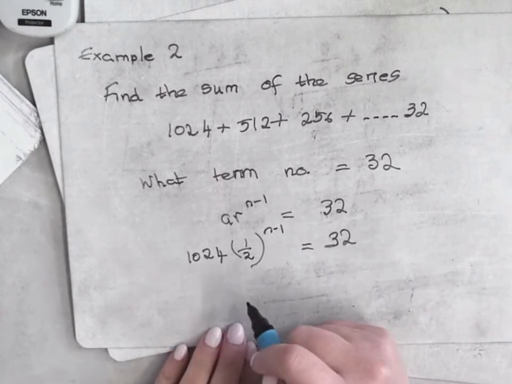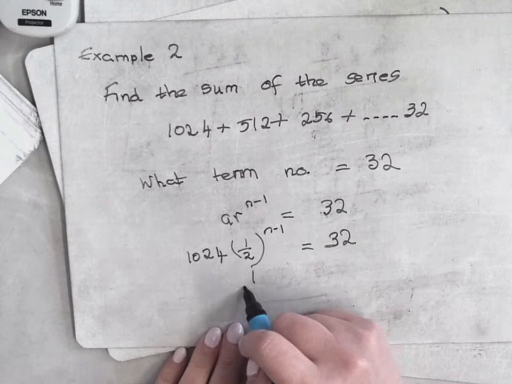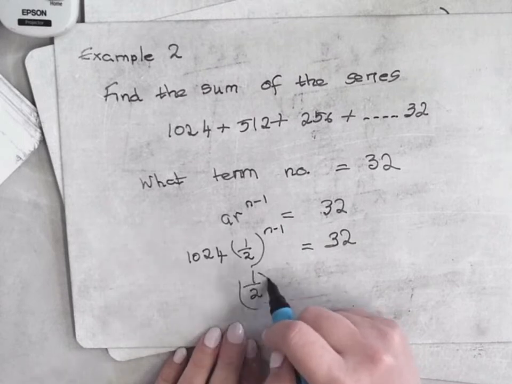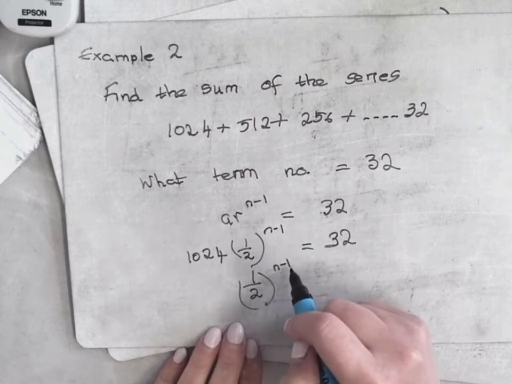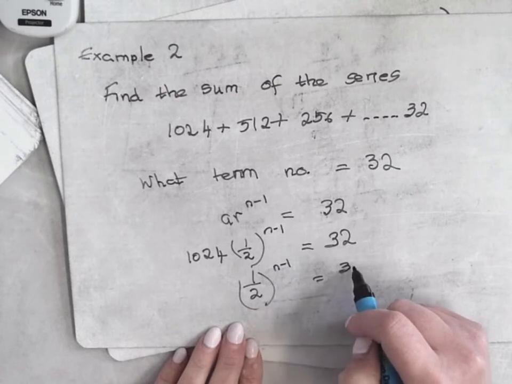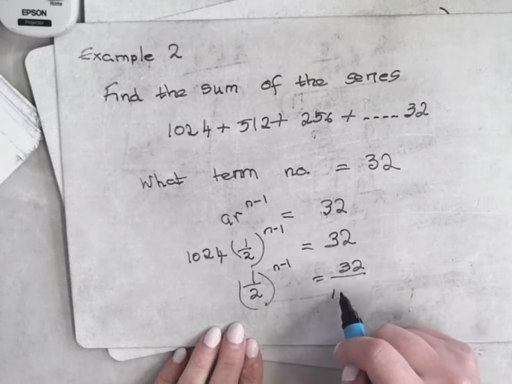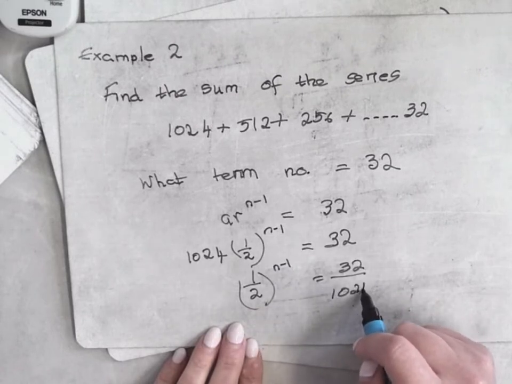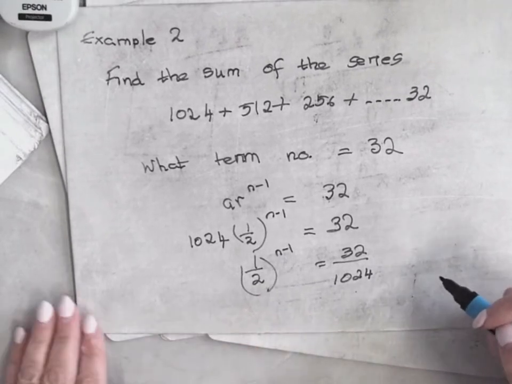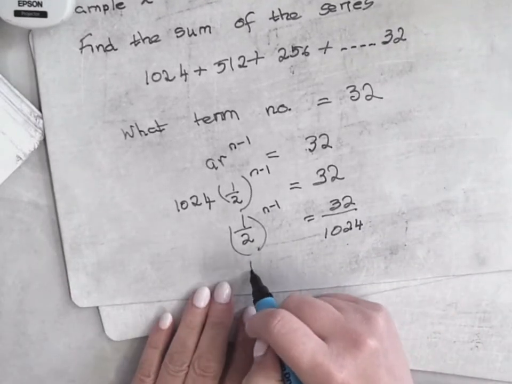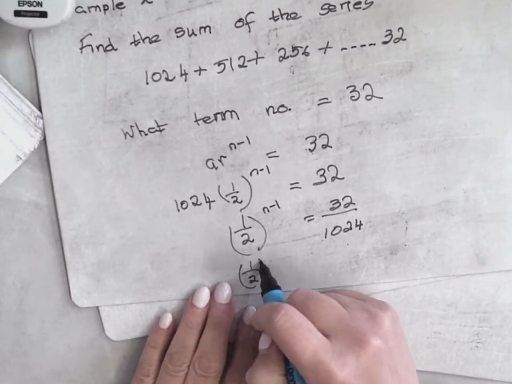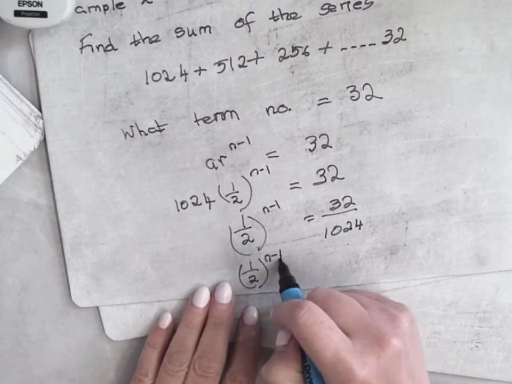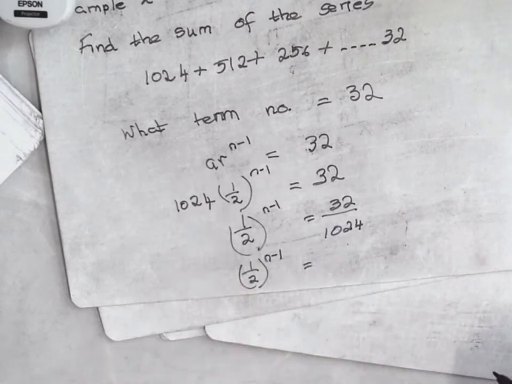So that's a half to the power of n minus 1 equals 32 all over 1024. So that would be a half to the power of n minus 1 equals 32 divided by 1024.